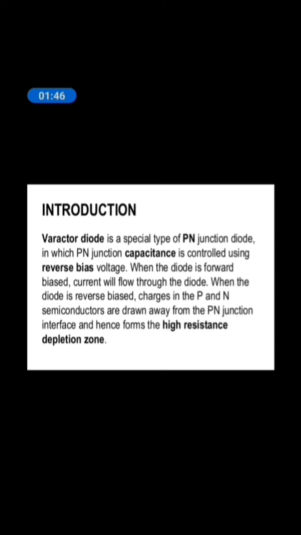And when the diode is connected in reverse bias, if we increase the reverse bias voltage, then the depletion region also increases. If we decrease the reverse bias voltage, then the width of the depletion region also decreases.